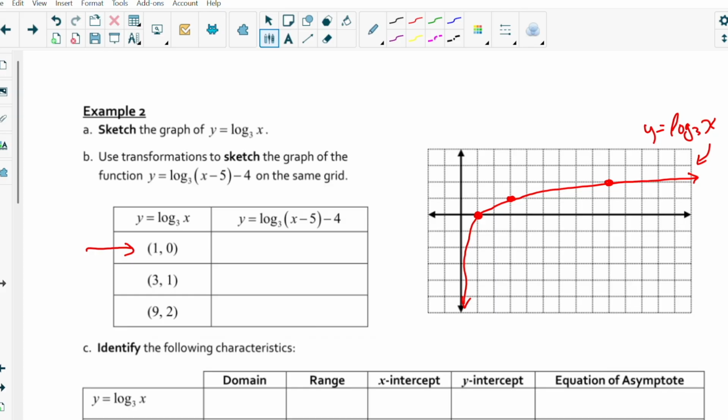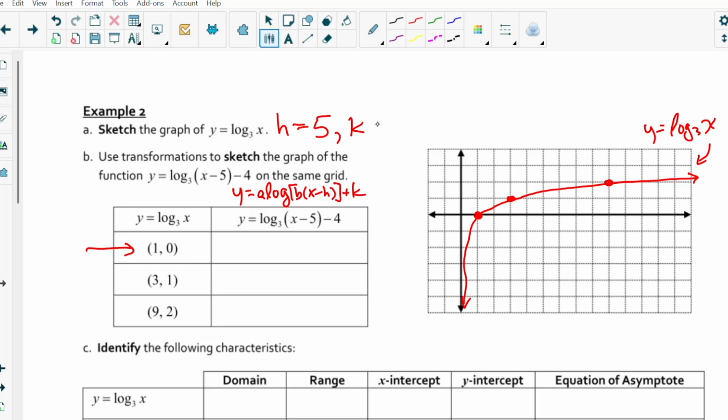Okay, all right, transformation time. y equals a log of b times (x minus h) plus k. What's my h value? x minus 5, so h is positive 5.